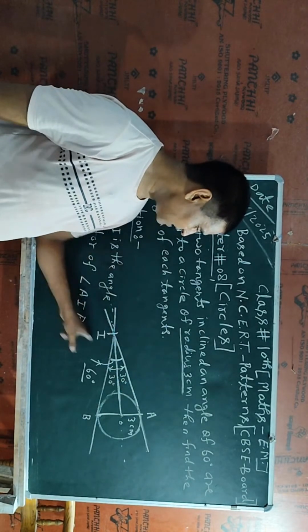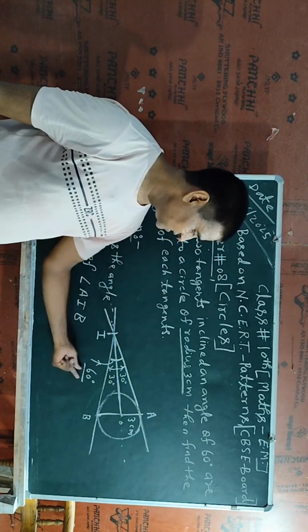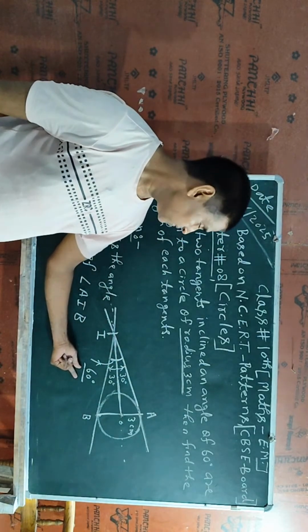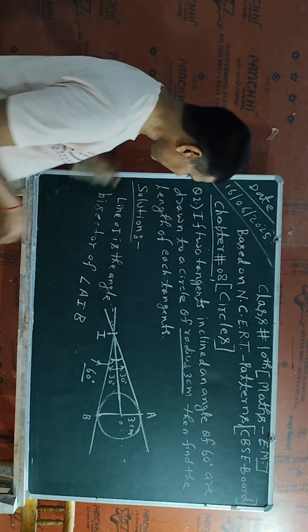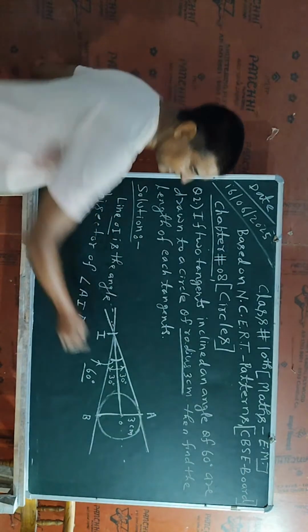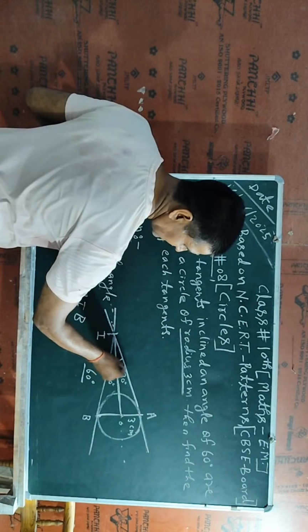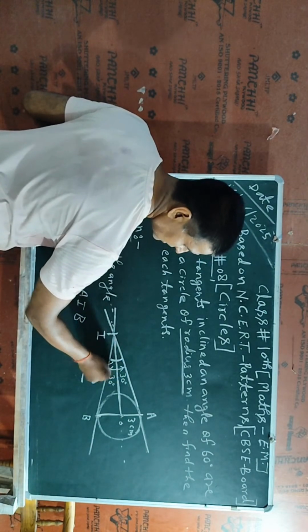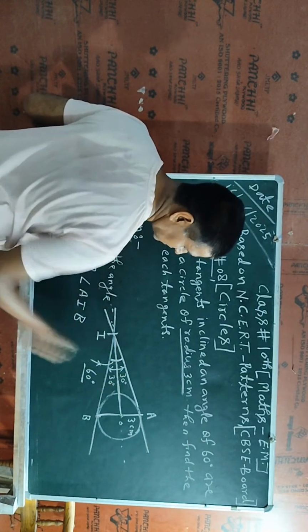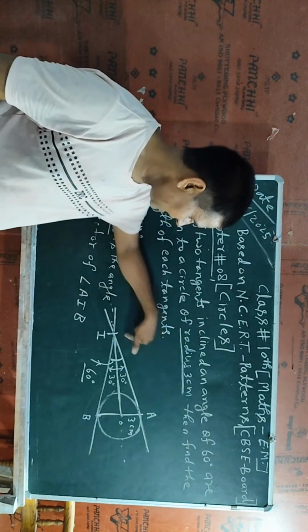The total angle is given in the question as 60 degrees. Now the line OI is the angle bisector, meaning from this line this angle will be 30 degrees, and also from this line to this line the angle will be 30 degrees. Okay, so now we have to get the length of AI.